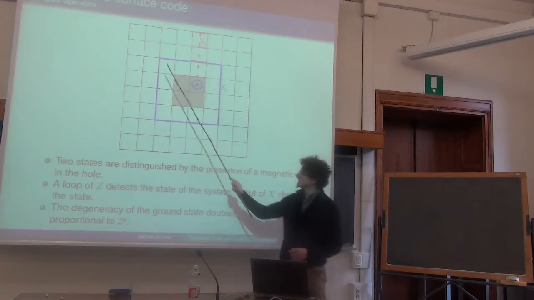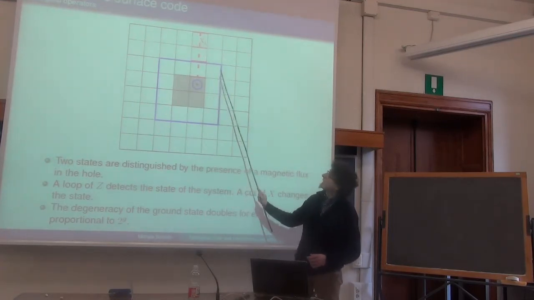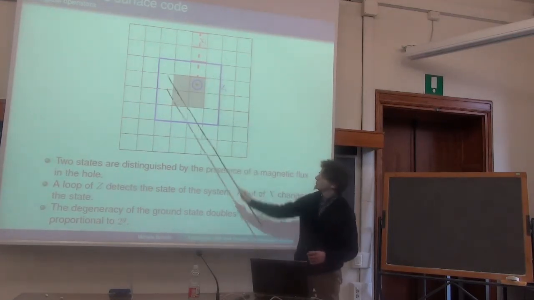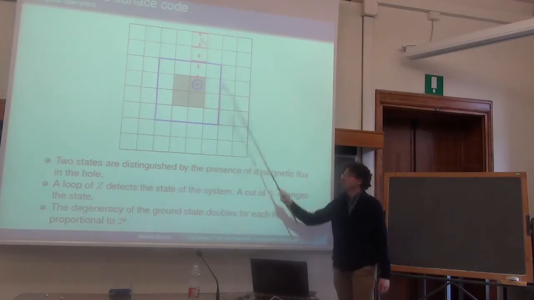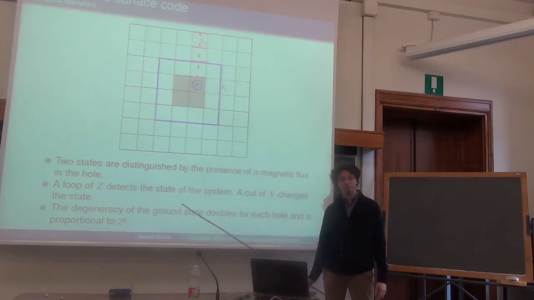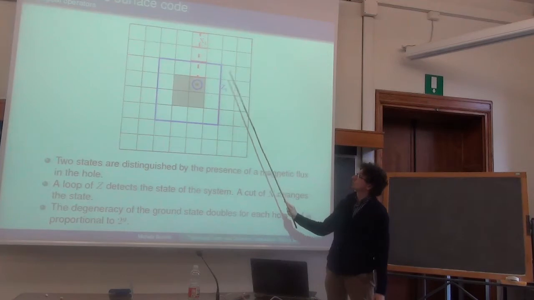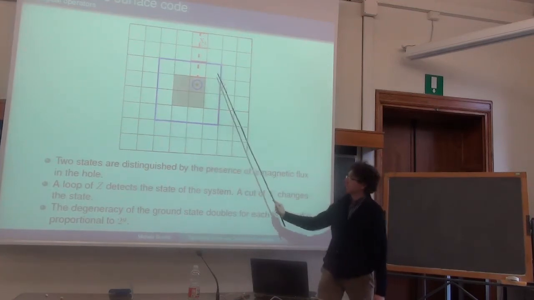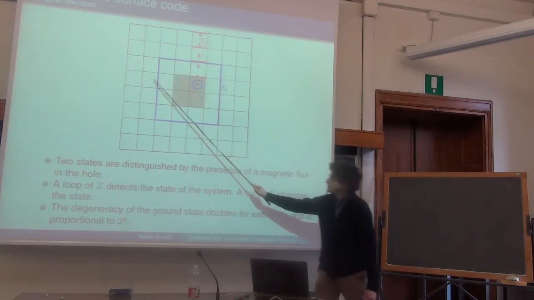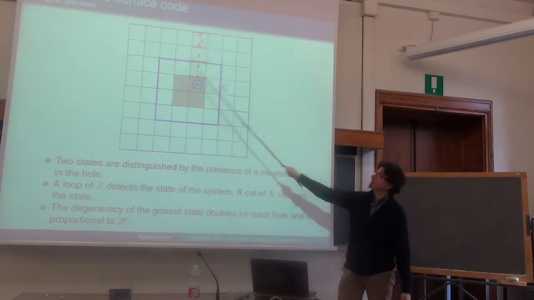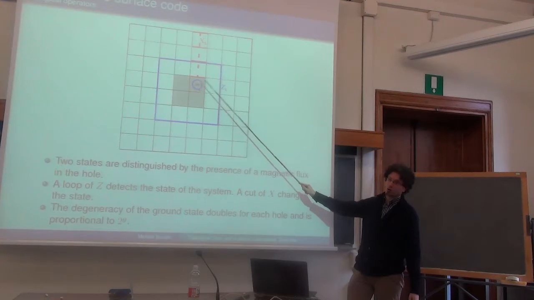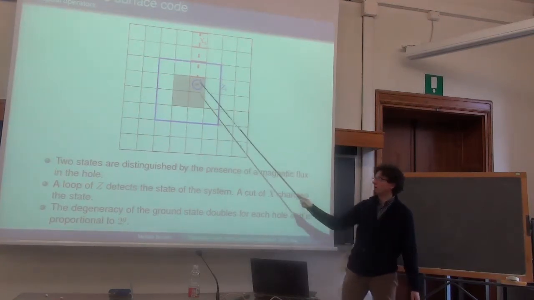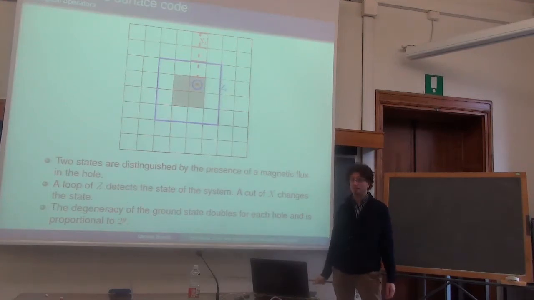This is because if I consider one hole, I am defining a new pair of non-trivial string symmetries. The first one corresponds, for example, to a Z symmetry in this case, which moves an electric charge around the hole and detects the presence of an eventual possible magnetic flux inside the hole.